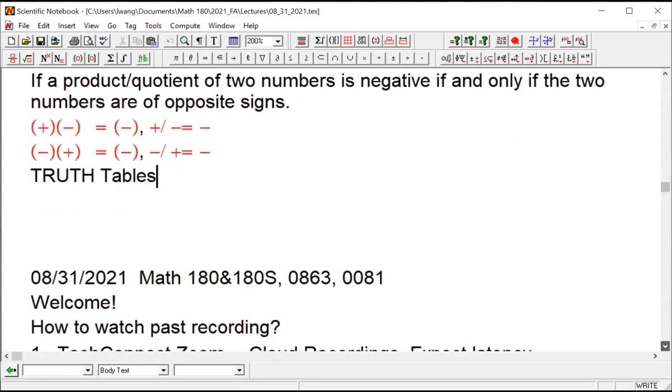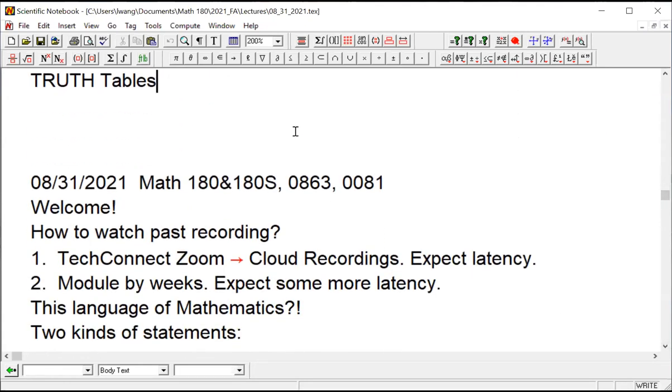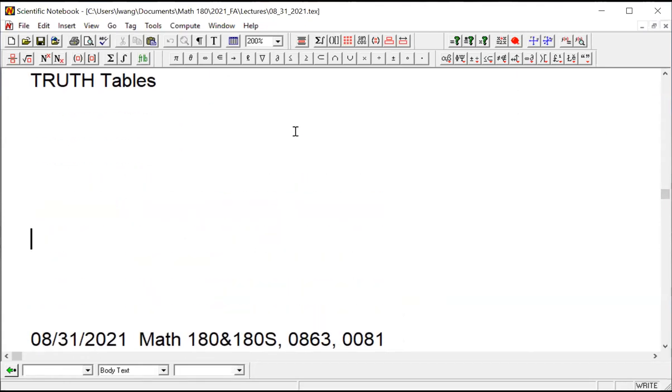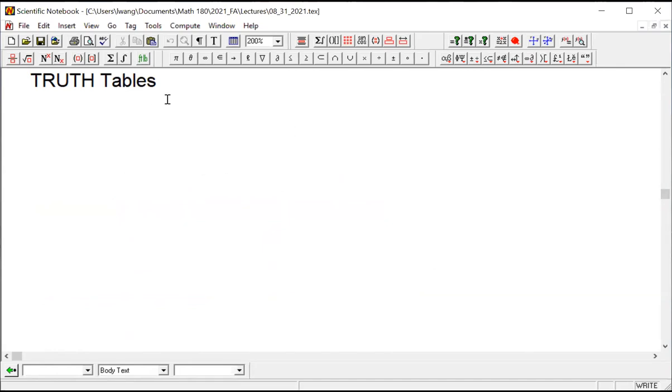Truth table is the foundation of logic. And mathematics is all about logic. It's actually not really entirely about numbers. Of course, numbers are involved, but it is actually about logic.